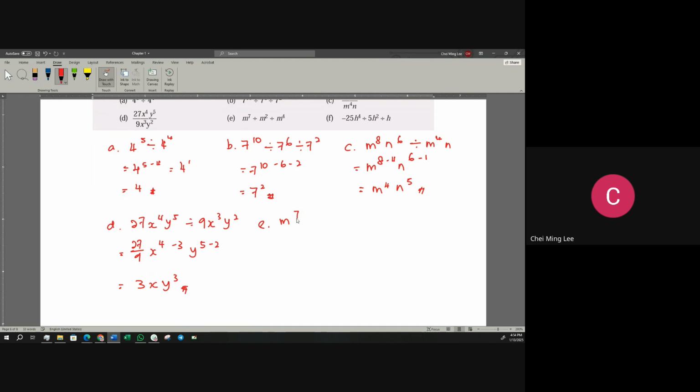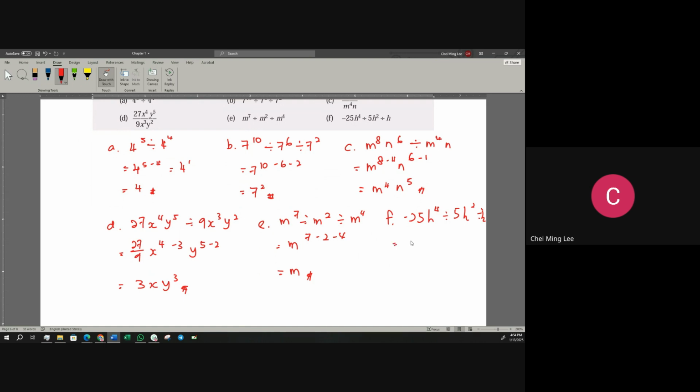Here, m to the power of 7 divided by m to the power of 2 divided by m to the power of 4. So it's m to the power of 7 minus 2 minus 4, which is m. Okay, now for F, negative 25h to the power of 4 divided by 5h to the power of 2 divided by h.